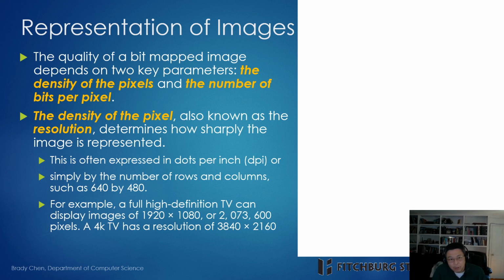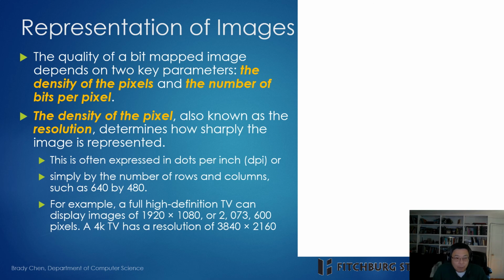A digital image is also called a bit-mapped image, and the quality of a bit-mapped image depends on two key parameters. The first one is the density of the pixels, and the second one is the number of bits per pixel. Now let's take a look at the density of the pixels.